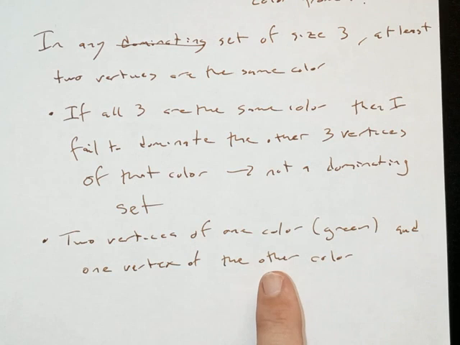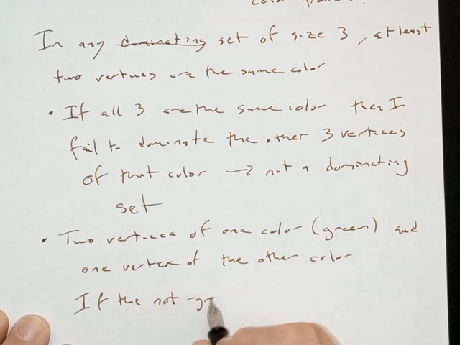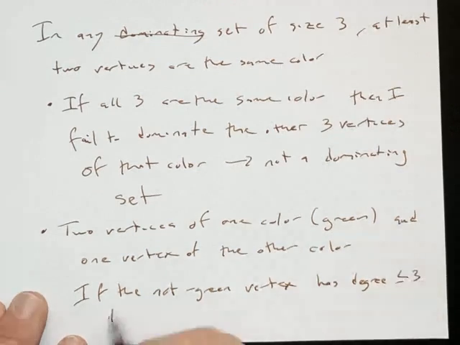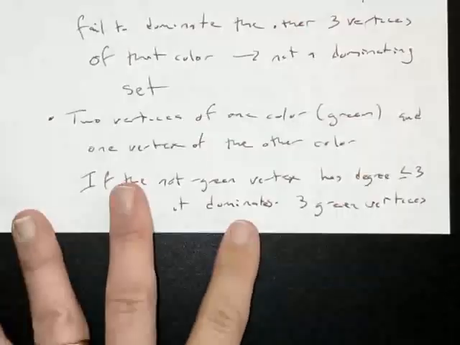If this lone vertex has degree 3 or smaller, then it dominates at most 3 of the red vertices. Why is that a problem?